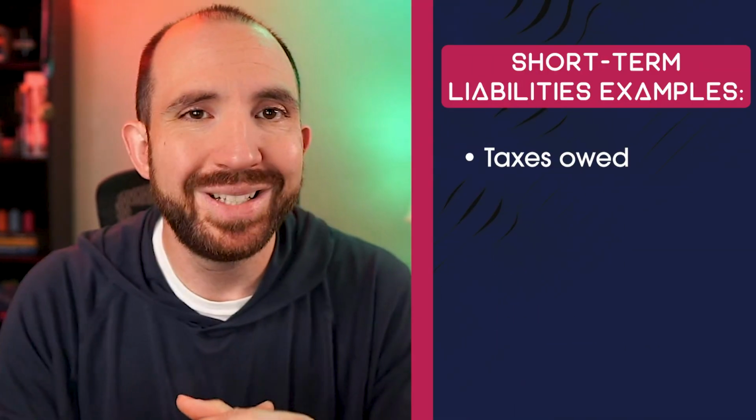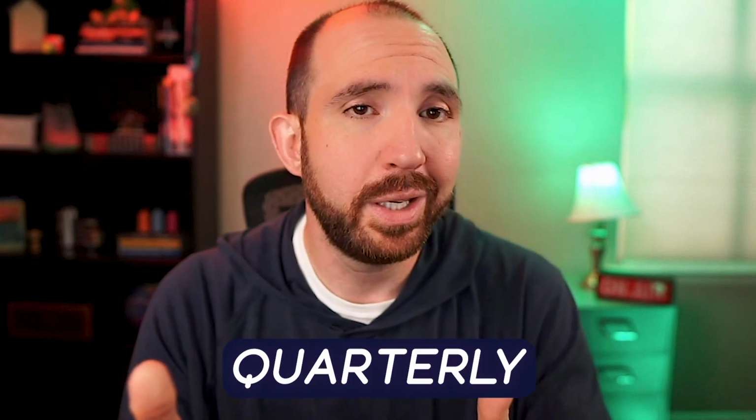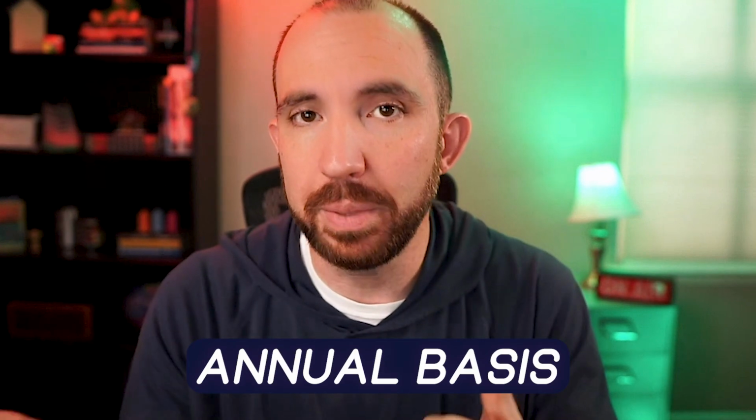Another liability that you may need to reflect on your balance sheet is going to be taxes that are owed. A lot of businesses are responsible for collecting taxes based on the work that they do or for their employees, but they only have to remit that tax on a quarterly or semi-annual or even maybe annual basis.